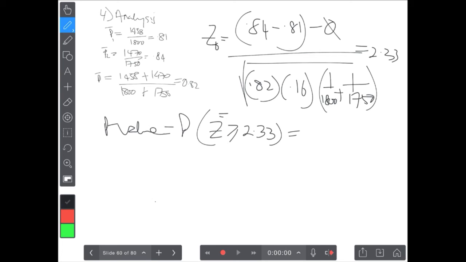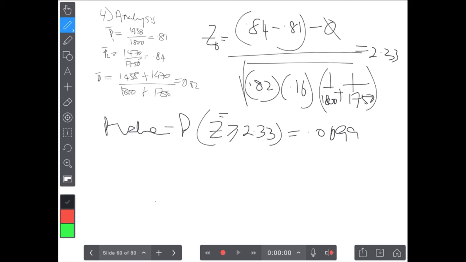And it turns out that when we look up the table, that would be 0.01. Or, 0.0099 is probably a more accurate measure, which basically rounds up a little bit to 0.01.